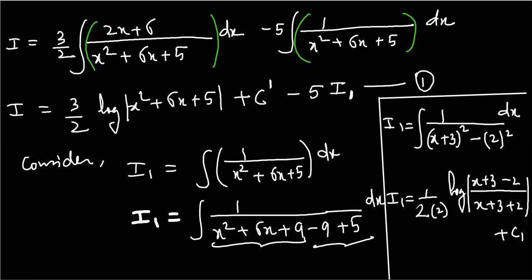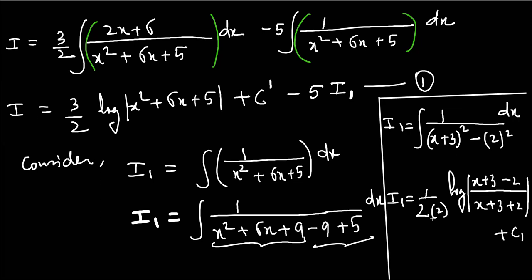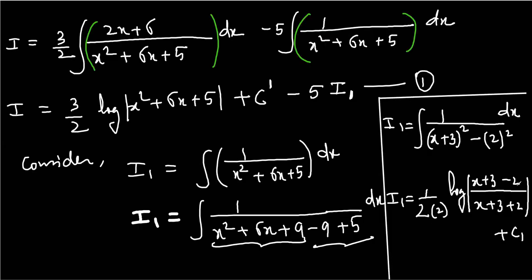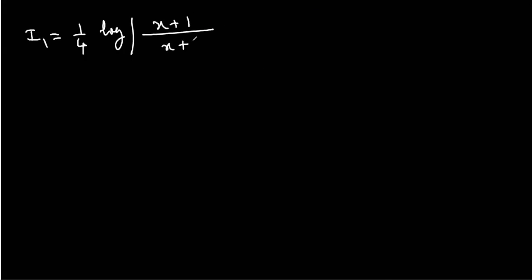So the final step is I1 equals 1 over 4 log of x plus 1 upon x plus 5, plus c1, and this is equation number 2.